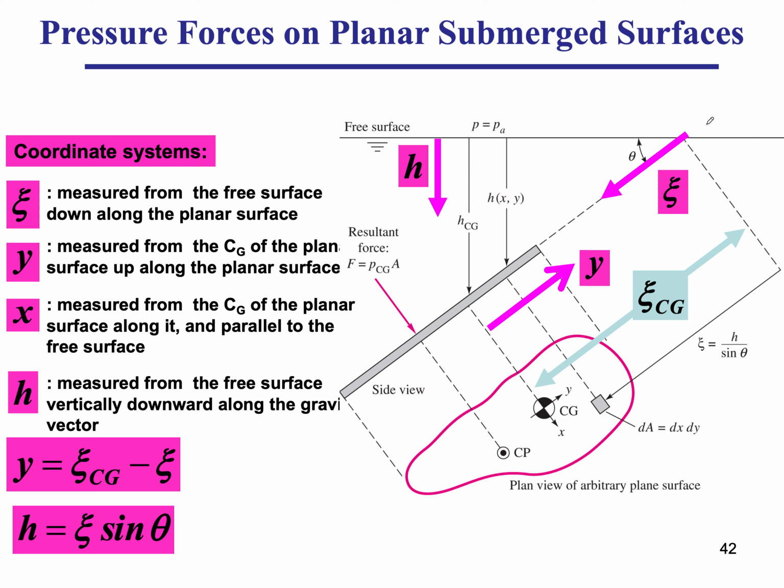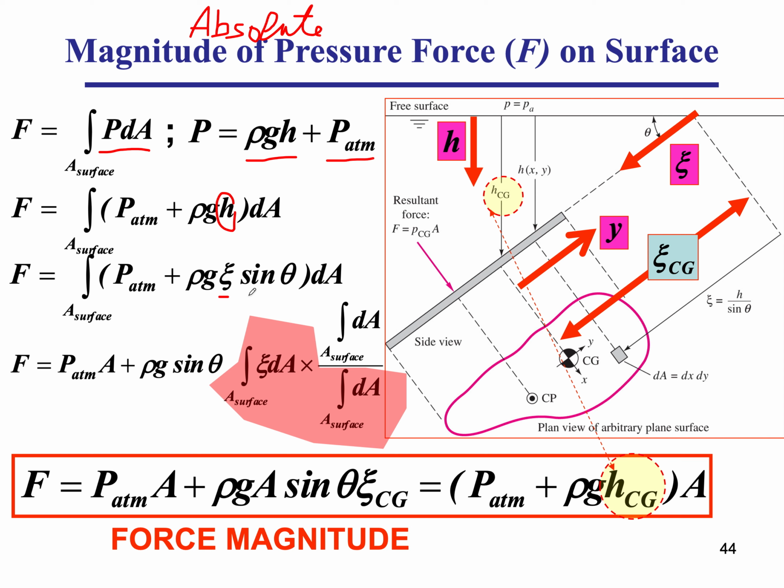So zeta multiplied by sine theta gives me this vertical distance. If I multiply it by cosine theta, I get this horizontal distance, but I don't care about it. I'm just interested in this part over here. Okay, so let's substitute for h with zeta sine theta. And now you want to look at this thing. ρg is constant and P atmosphere is constant. So P atmosphere is a constant times dA. So you get directly P atmosphere times A.